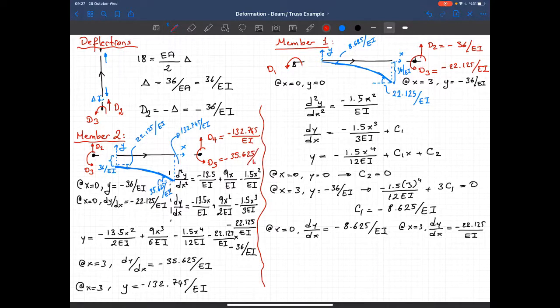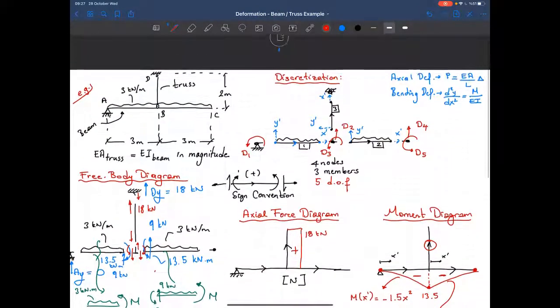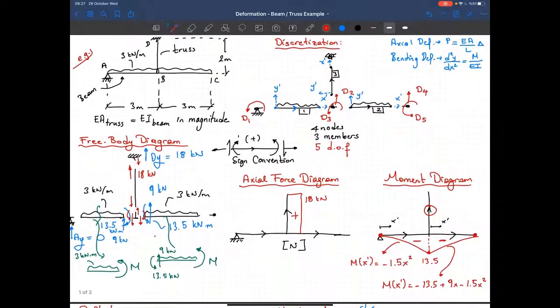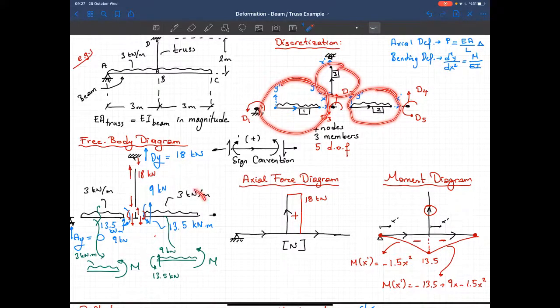Now, as you see in our solution approach, if we go back to this discrete version of the structure, we isolate every member from each other, okay? Like we did in the free body diagrams. If we are discussing the deformations, these two isolated members talk to each other through nodal degrees of freedom.